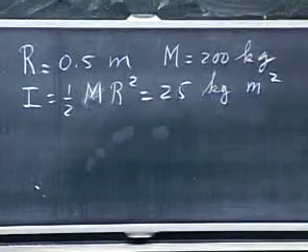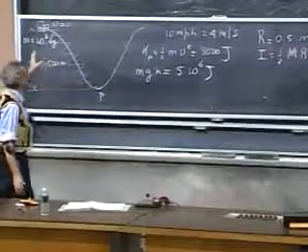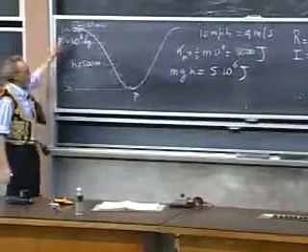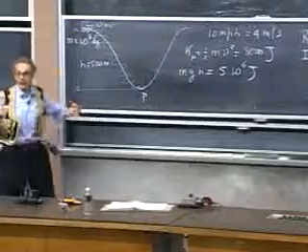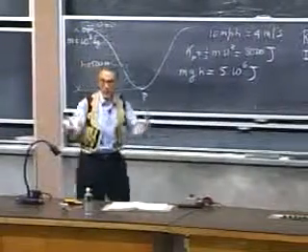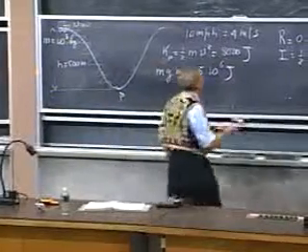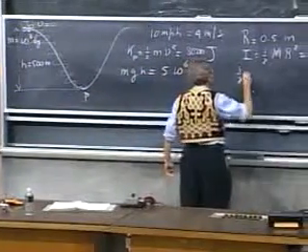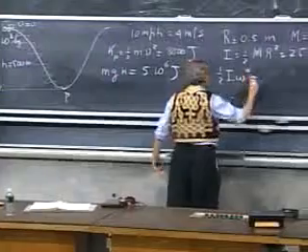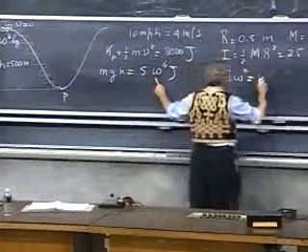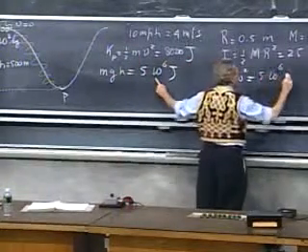Now what we would like to do is convert all this gravitational potential energy into kinetic energy of that disk. If you think of a clever way that you can couple that, people have succeeded in that, then you really would like 1/2 I omega squared to be 5 times 10 to the 6 joules.